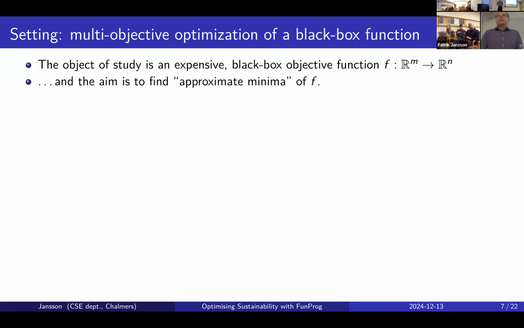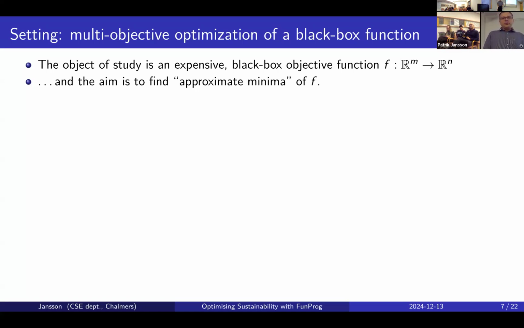So if we go a little more mathematical, we want to do multi-objective optimization of a black box function. And I will expand a little bit on this. Here I will assume that we have a function f from m real numbers to n real numbers. I should say, from a computer science point of view, there is nothing special with real numbers here, and we actually don't implement real numbers, as nobody does, because that would be very inconvenient.